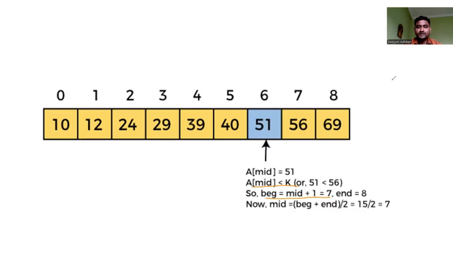Here you can see the mid is less than k. It means 51 less than 56. So now beg is mid plus 1 equal to 7 and end is 8. So now mid is beg plus end means 7 plus 8 means 15 by 2, which means now the mid is 7. We are just taking the floor value.